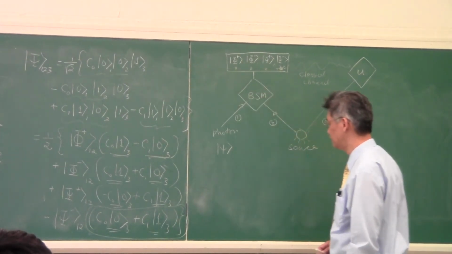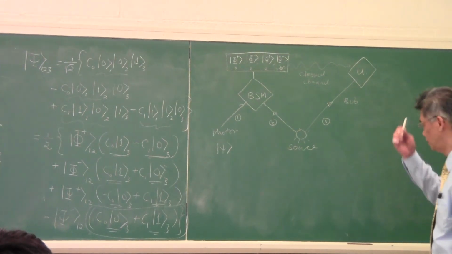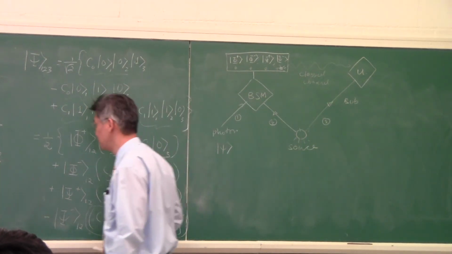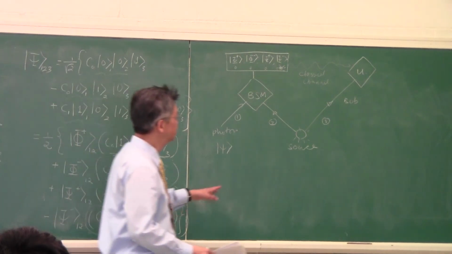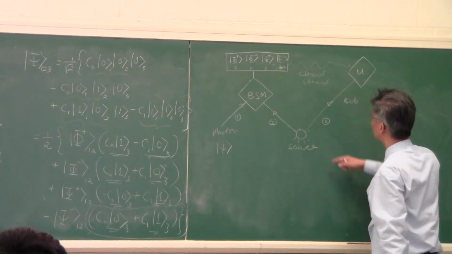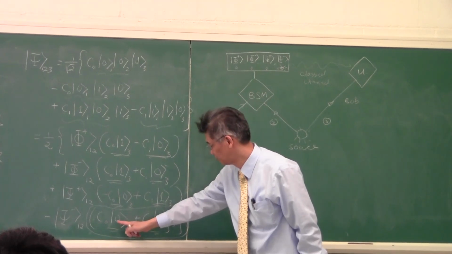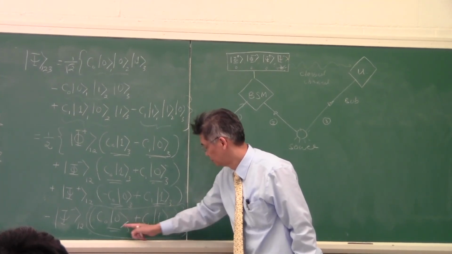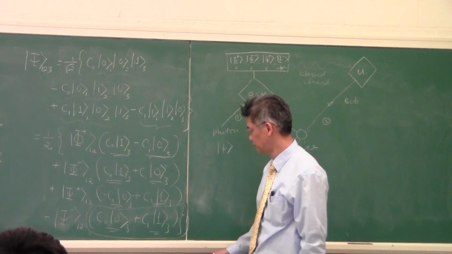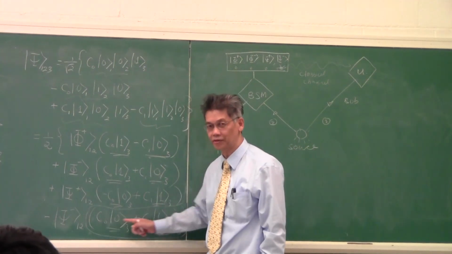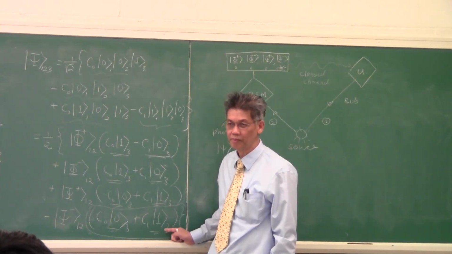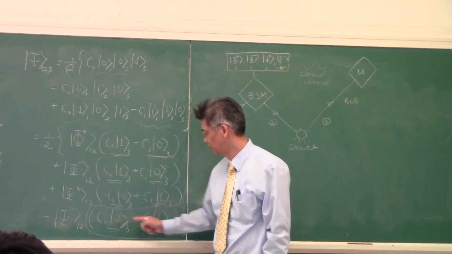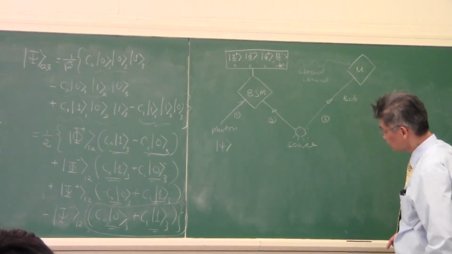So if photon 3 is in that state, it's quite easy for Bob to figure out what C0 and C1 are, because he can go through a machine that decides that if it's psi 3, then photon 3 is in the linear superposition of this state, and he can figure out what C0 and C1 are by measuring the state of photon 3.